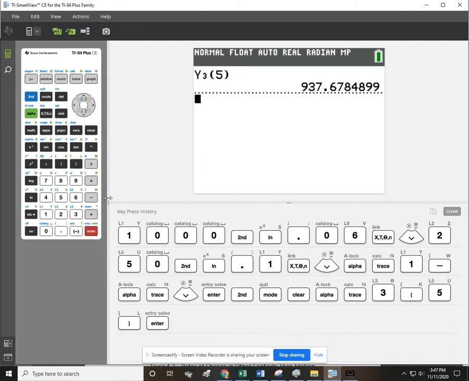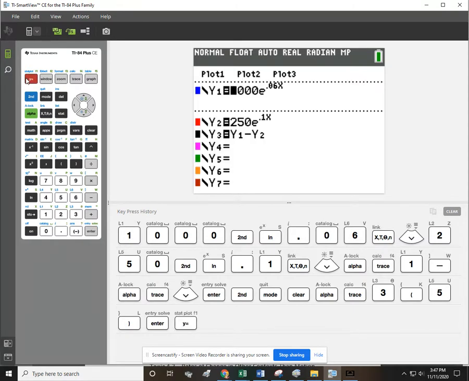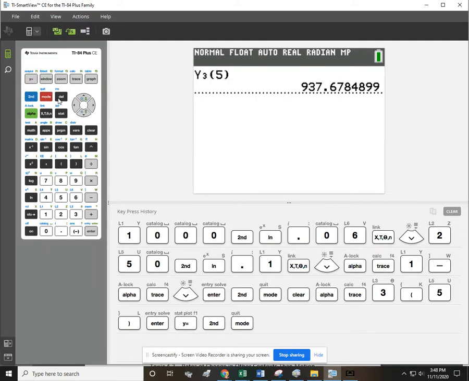We're putting 5 into y3. Okay, and that gives us 937.678 penguins per year.